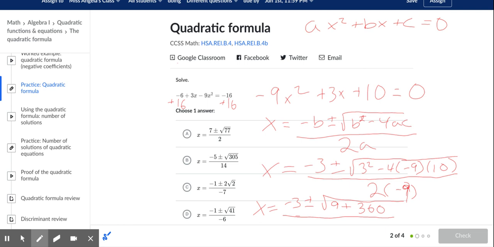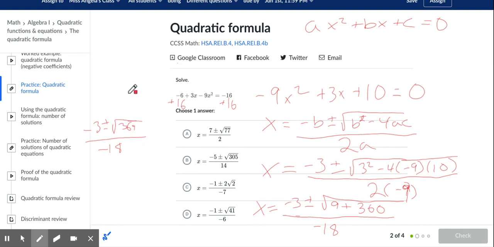Oh well. Negative 18. 9 times 2, negative 18. Okay. Now, let's add these together. So we get, I'm going to write over here, negative 3 plus or minus the square root of 369 over negative 18. Now, none of these match this, so there must be more simplifying we can do.